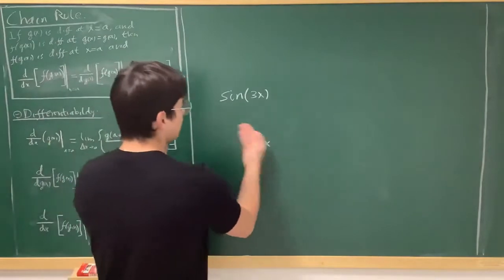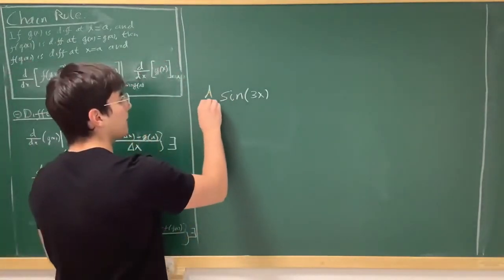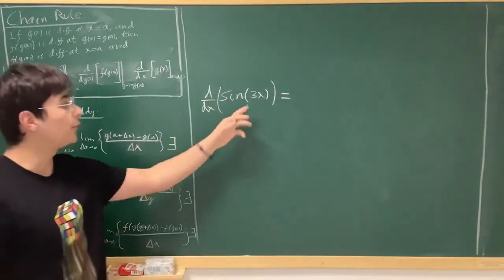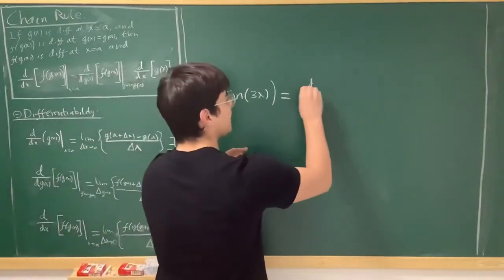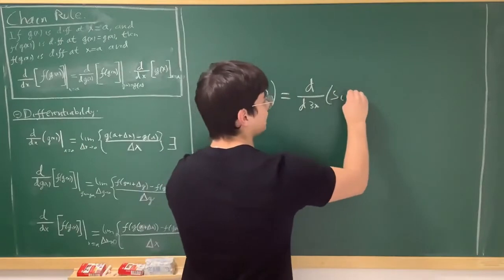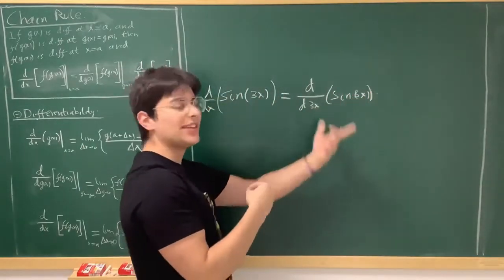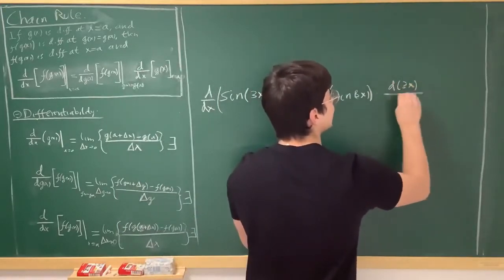To take the derivative with respect to x of this function, what we have to do is take the derivative with respect to the inside function. This will be written like this: derivative with respect to 3x of sine of 3x, and then multiply by the derivative of the inside function, which is the derivative of 3x with respect to x.